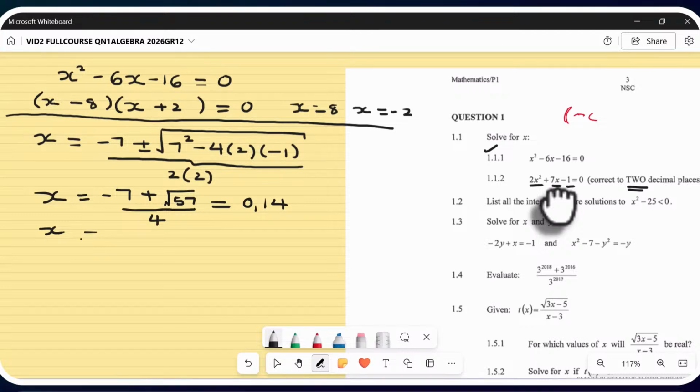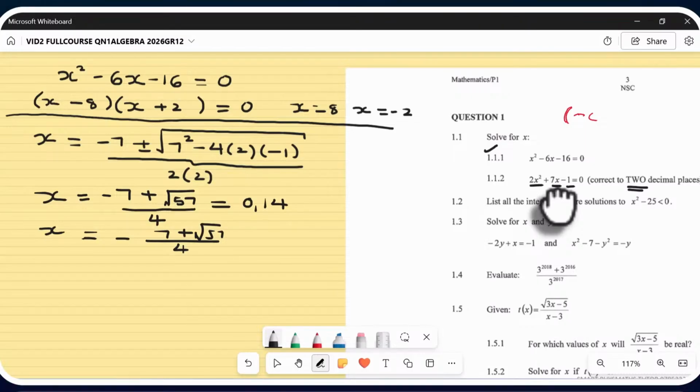Now press the SD button. SD gives us negative 3.64. Hope we are together. Next question, let us proceed.